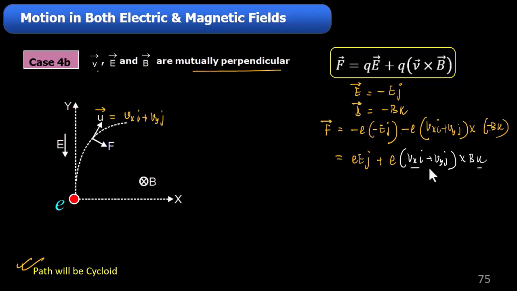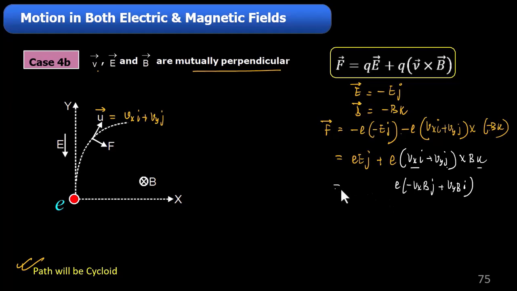So i cross k becomes minus j, which gives e into minus Vx B into j, and j cross k becomes plus i, so plus Vy B into i.